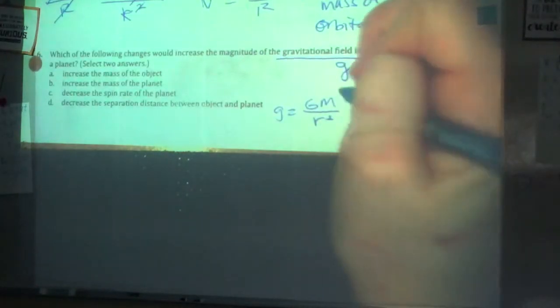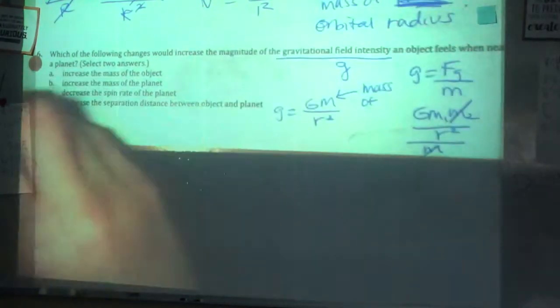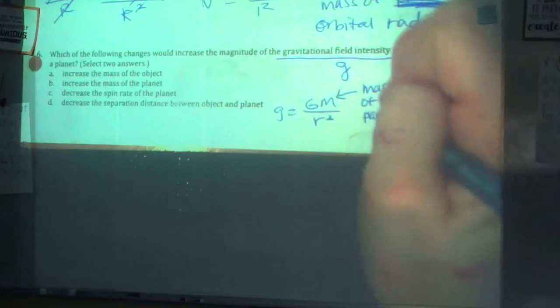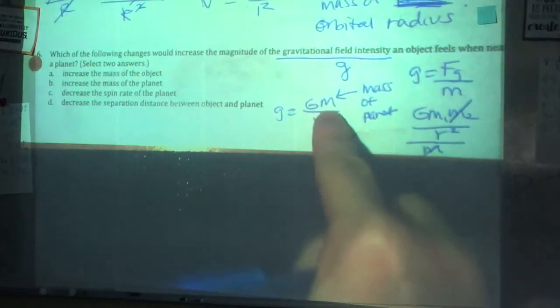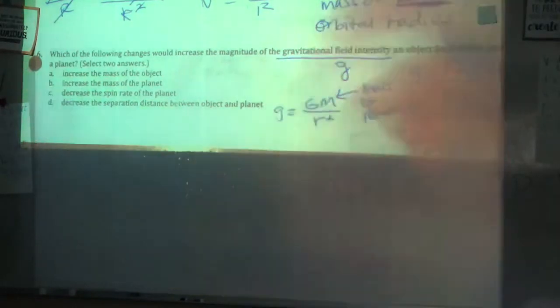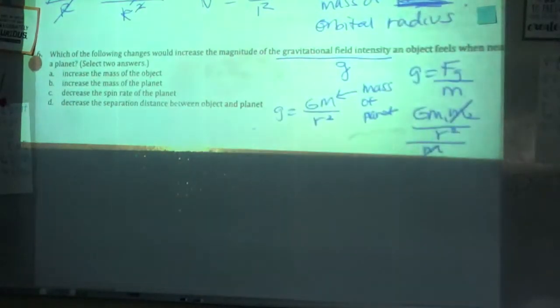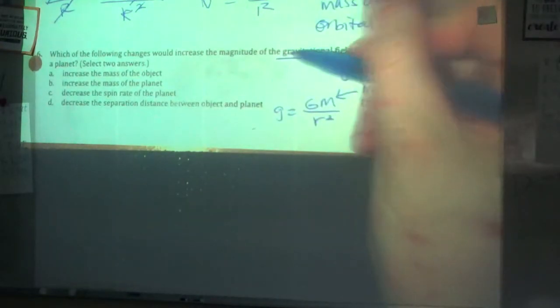And this is again the mass of the planet, because in this case it is the planet. It doesn't have to be a planet, but it's the mass of the thing that is creating the gravitational field. So if we're talking about me on the Earth, my mass does not change the gravitational field strength of the Earth.